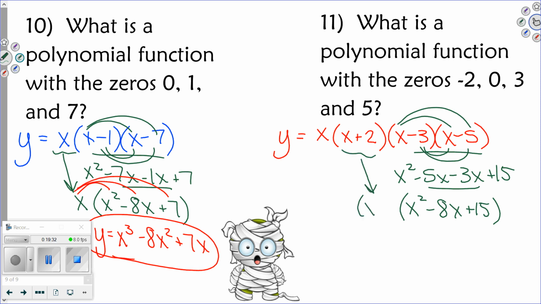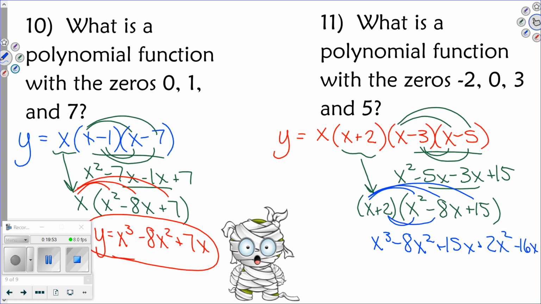All right, I'm going to drop down the next one. And we start multiplying again. So x cubed minus 8x squared plus 15x plus 2x squared minus 16x plus 30.